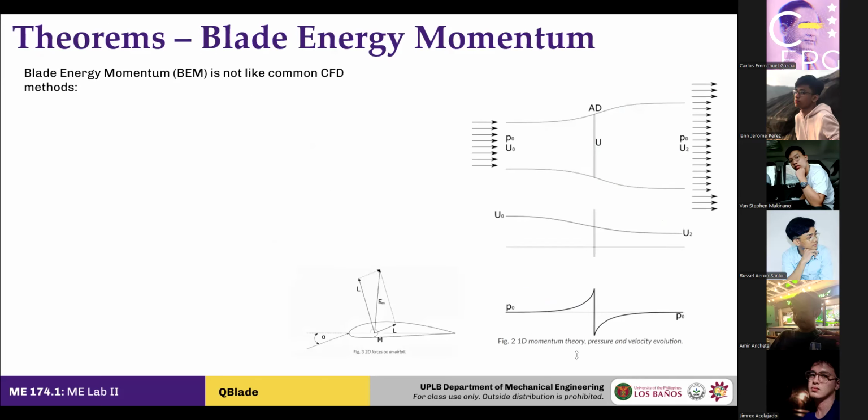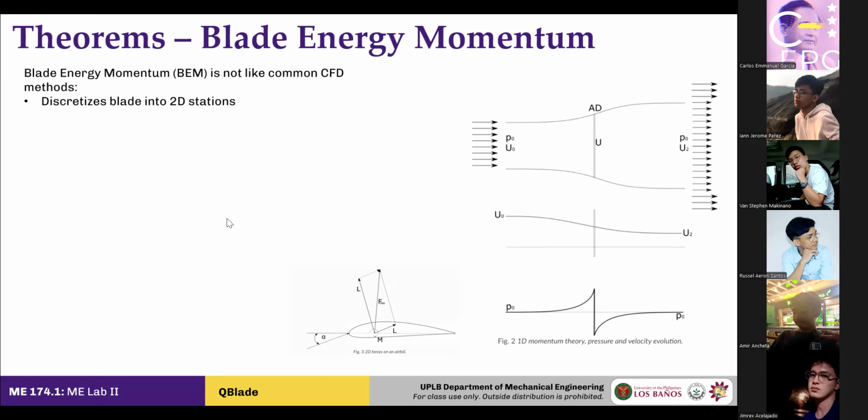So, bakit ba iba? Like, bakit magaan si QBlade sa ating software? So, yung initial iterations ni QBlade, it uses what we call the blade energy momentum theorem. So, si blade energy momentum theorem, may pagka-finite element analysis siya, pero hindi siya CFD or at least hindi siya yung common CFD practice natin per se. Ito yung differences niya. So, yung pagka-FEA niya, it ends with the chopping up of blades into 2D stations.